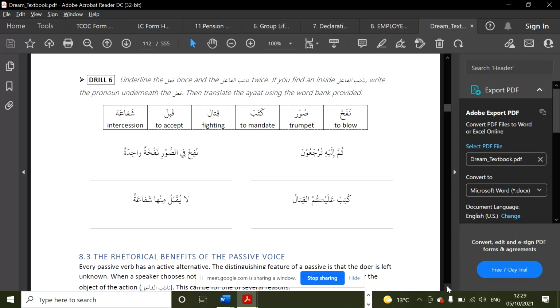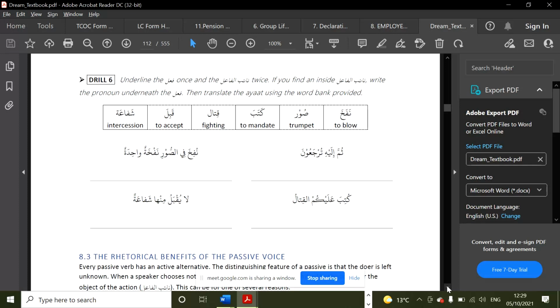So we are talking about the u sound and the i sound, and the i should come at the end. That's it. So nufikha has our u and i sounds, meaning it is not a normal madi but a mabni lil majhul.